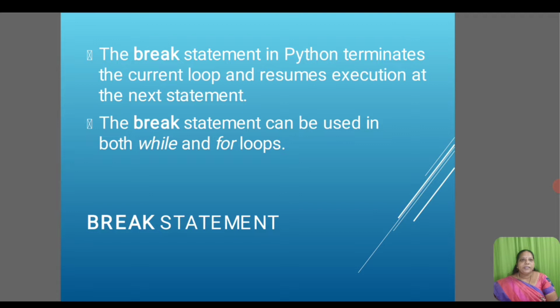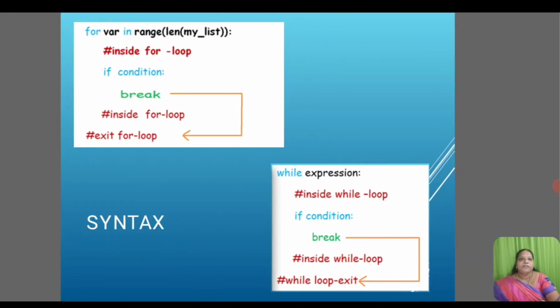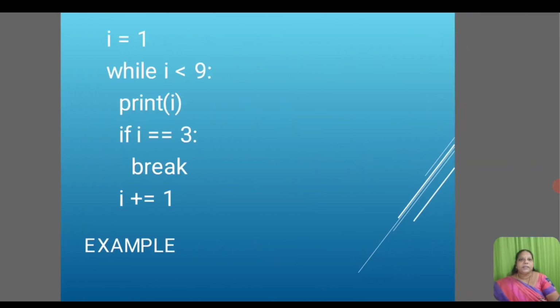The break statement in Python terminates the current loop and resumes execution at the next statement after the looping statement. And this is the syntax of break within for and within while statements. This is an example program.